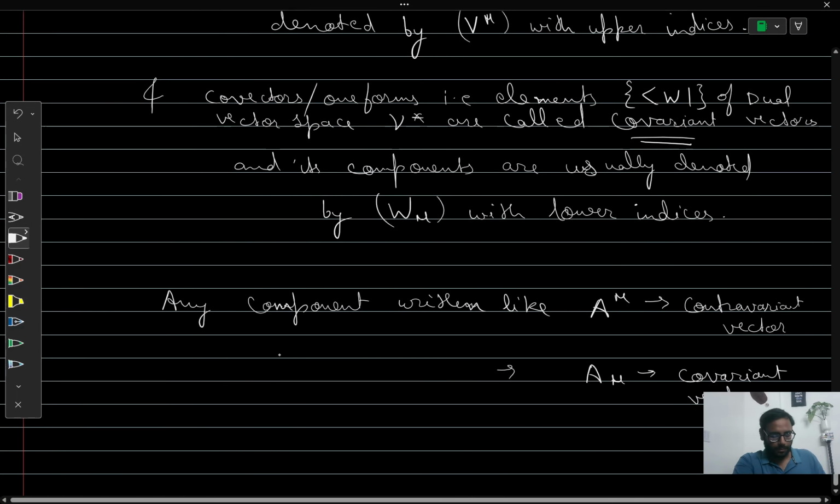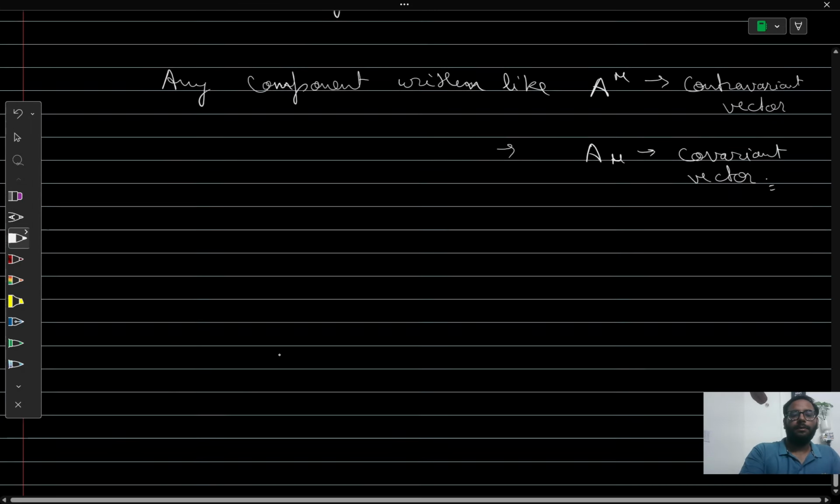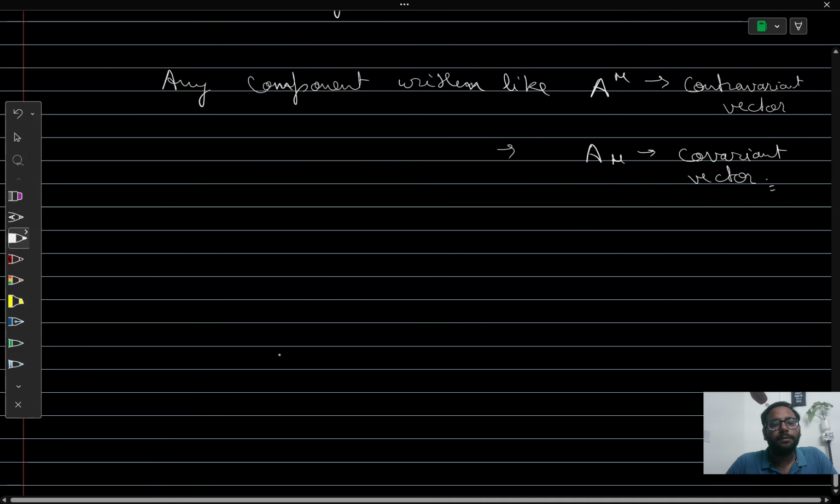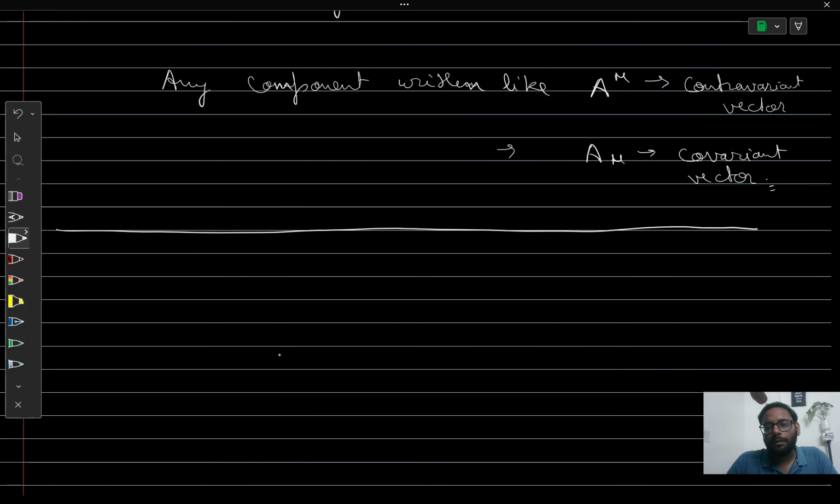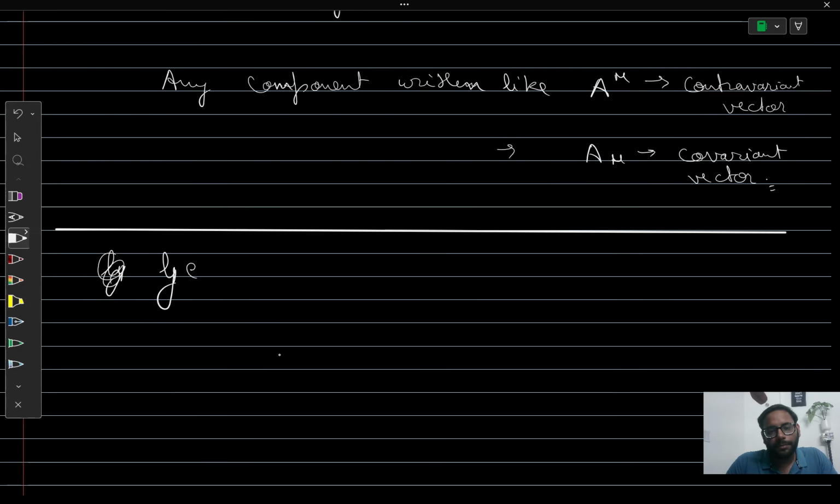So this is how we define. Now let's move to something geometrical. Sorry, geometrical interpretation.